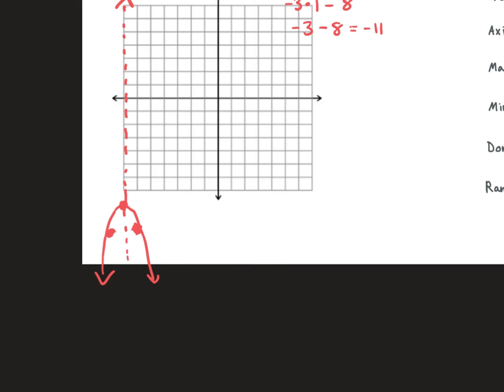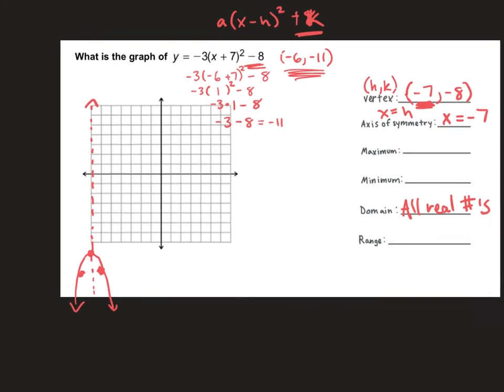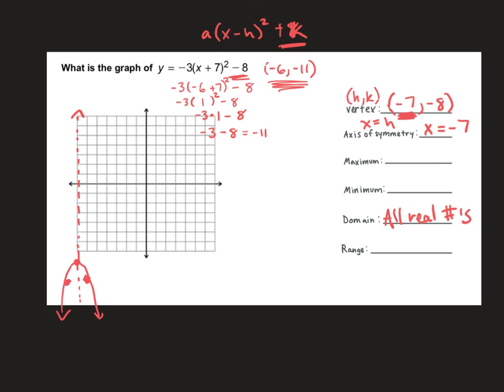So we see our parabola opens down. Is our vertex at the maximum or the minimum? Max. It's at the highest value of our graph, so it's a maximum. What is our maximum value? Negative 8. Awesome. It always comes from the y, so it's negative 8.